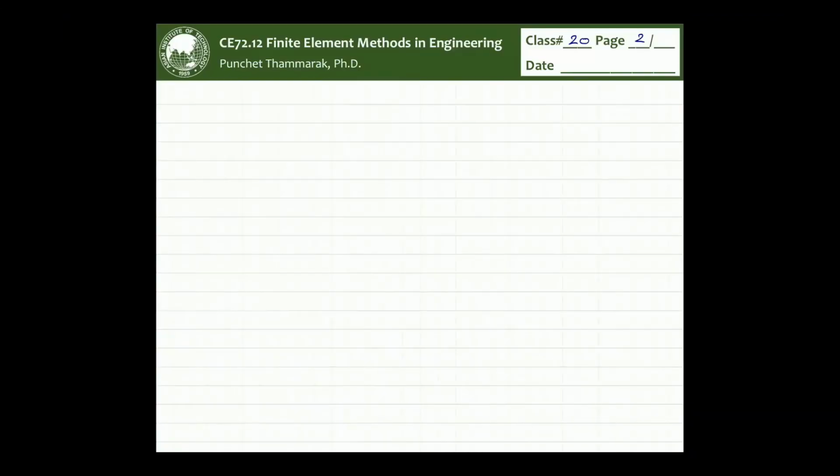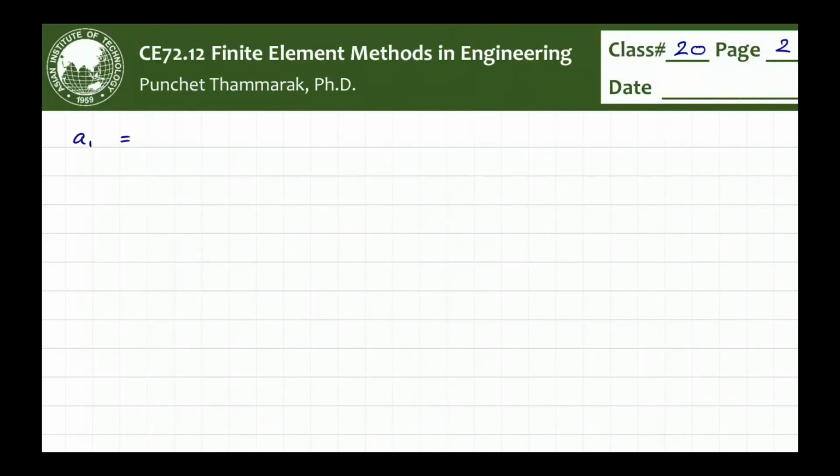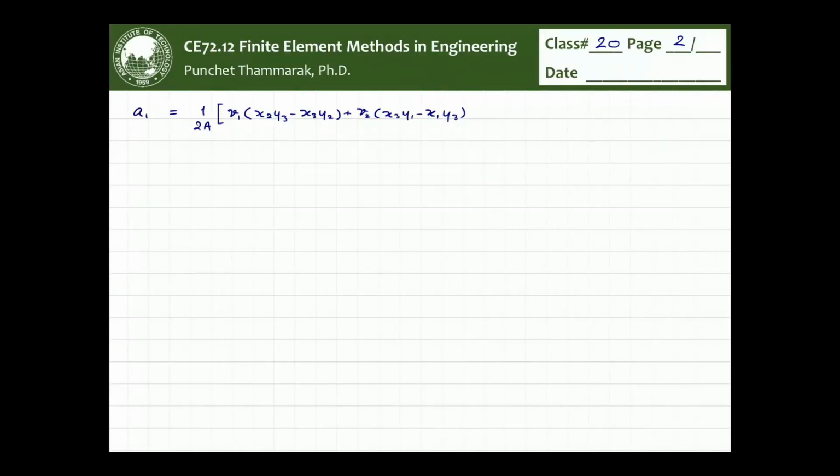We come up with the A1 being 1 over 2A multiplied by V1 x 2y3 and x3y2 plus V2 x3y1 minus x1y3 and V3 x1 y2 minus x2 y1.